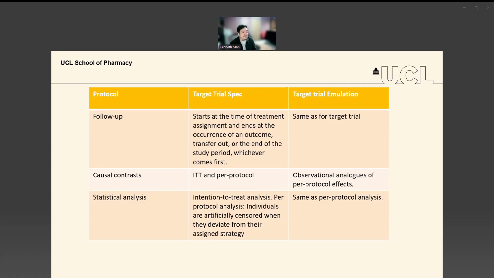For the causal contrast, typically it's the intention-to-treat and per-protocol effects in a target trial. But in our observational data, we use the observational analog of the per-protocol effect.